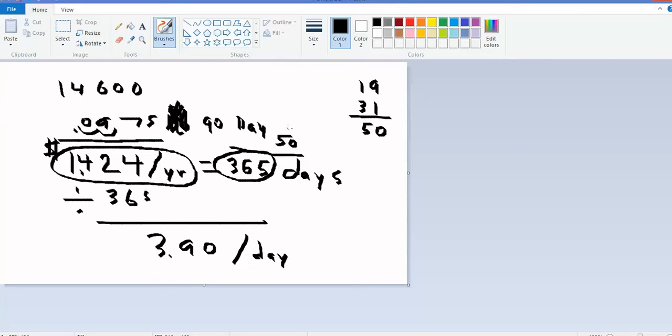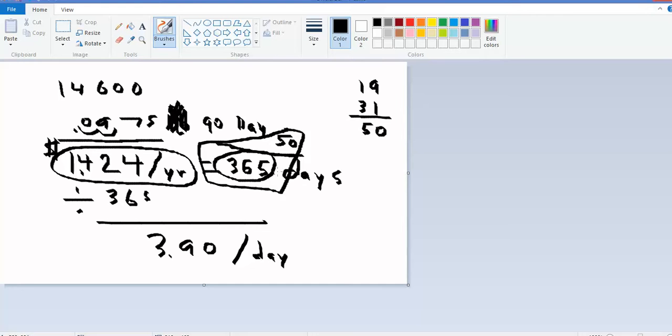Okay, so this is a fraction, right? This is 50 divided by 365. That's how many days we want to do an accrual for. So this is a full year. We multiply it by 50 over 365, that fraction. Easiest way to do that, by the way, is to take 1,424, multiply it by 50 and then divide that by 365. And you come up with $195.06.